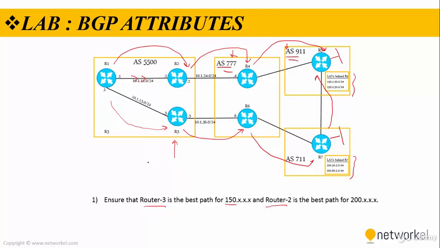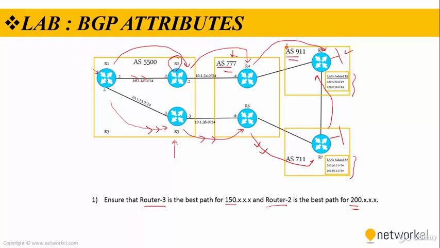So I'm gonna configure something on router 3, and I'm ensuring that if I want to reach this network in here, I should follow the way by router 3 this time. And if I want to reach the other network, this network in here, I should use this guy, going through router 1.